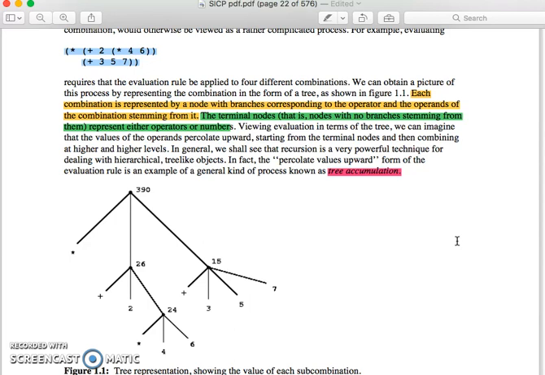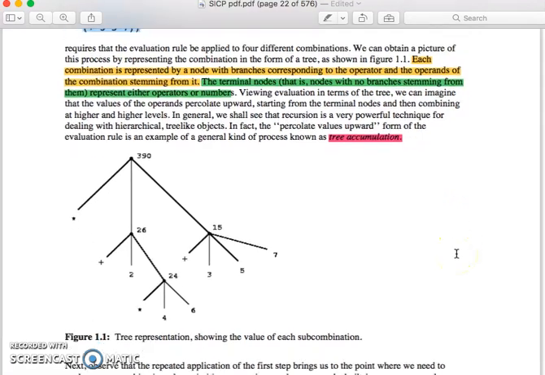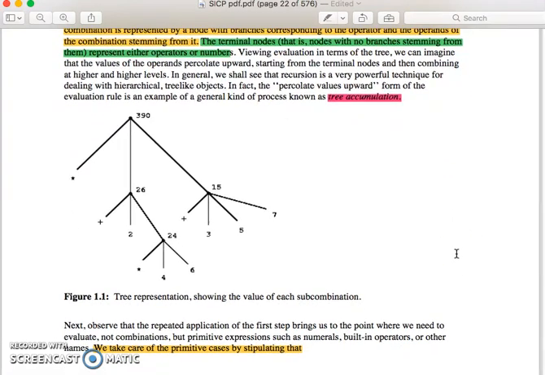Viewing the evaluation in terms of a tree, we can imagine that the values of the operands percolate upwards, starting from the terminal nodes and then combining at higher and higher levels. In general, we shall see that recursion is a very powerful technique for dealing with hierarchical, tree-like objects. In fact, the percolate-values-upward form of the evaluation rule is an important example of a general kind of process known as tree accumulation. Figure 1.1 shows the value of each subcombination.